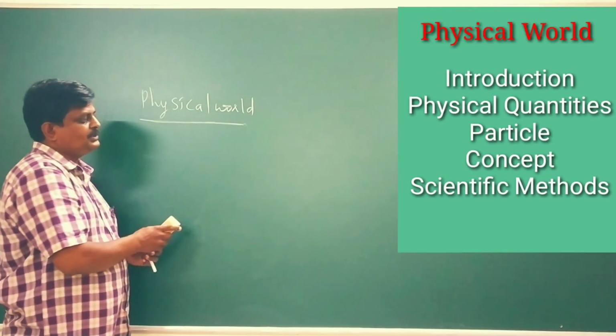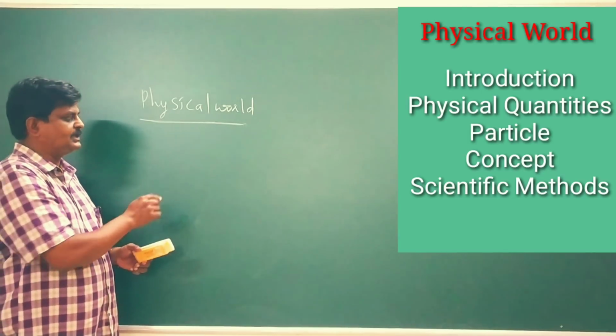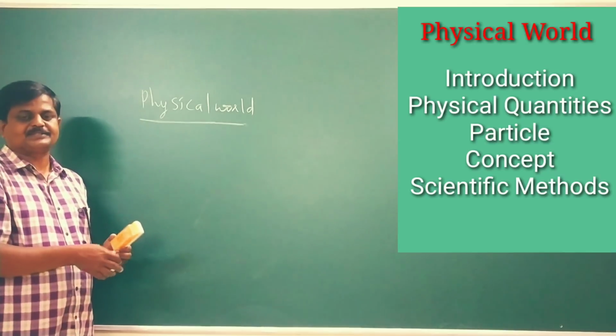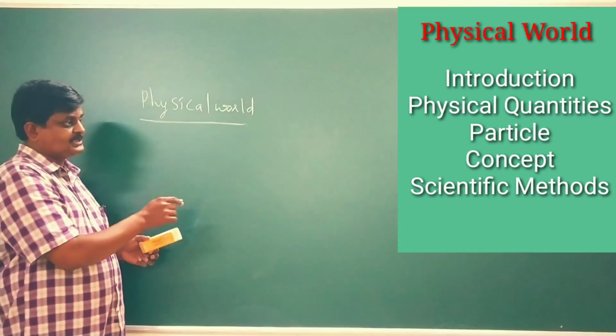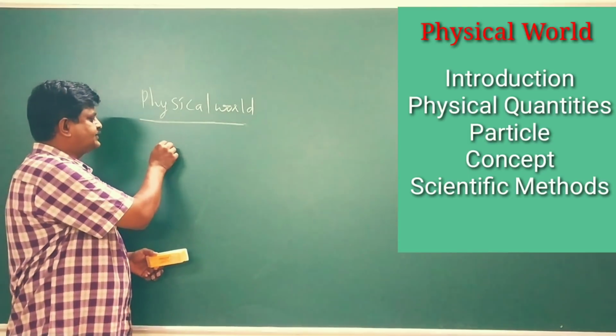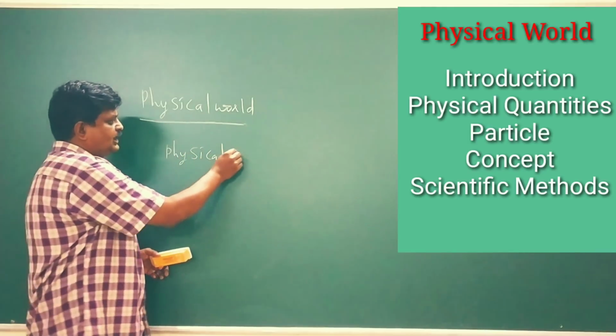And we move on to a more important aspect of physics, the physical quantity. Actually, I said physics is a study of matter and energy. Moreover, physics is a measurement science. So, in that way, we have physical quantities.